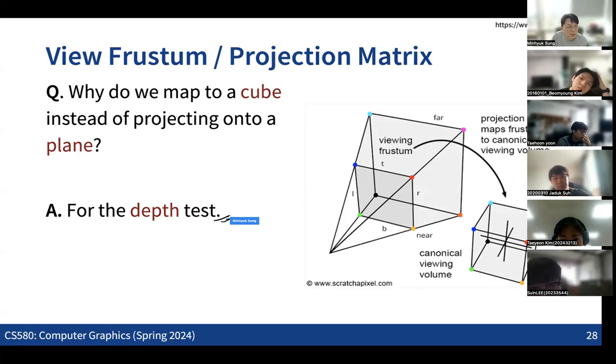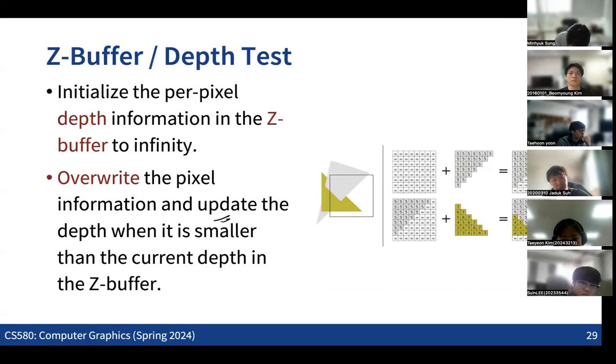After the vertex processor, we interpolate all this vertex information for each pixel in the image space. This is what we are going to discuss in the rest of the slides.